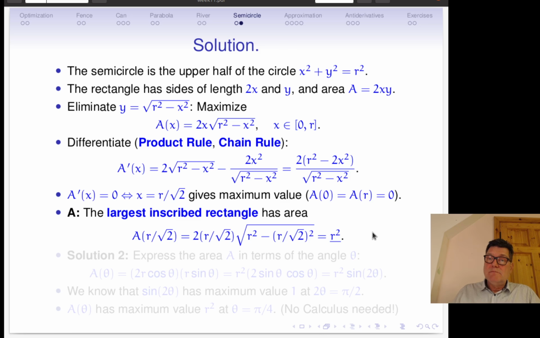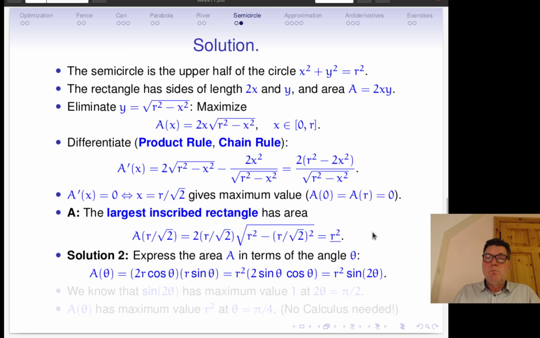So it is in fact possible to set up a simpler argument using the angle theta.